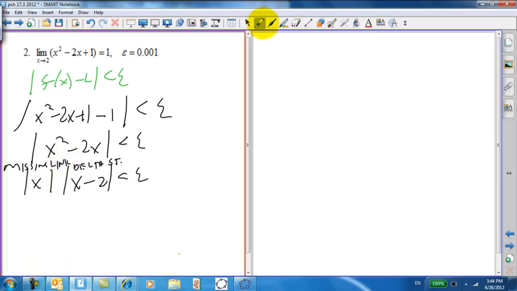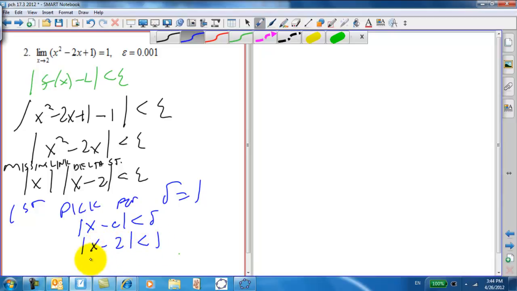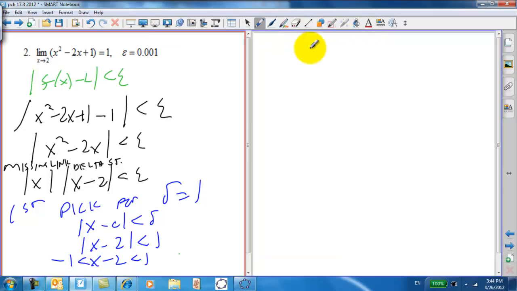So our first pick for delta equals 1. And we get the absolute value of x minus c is less than delta. So the absolute value of x minus 2 is less than 1. So x minus 2 is between 1 and negative 1. So that puts x between, add 2 to all 3 parts, 1 is less than x is less than 3.